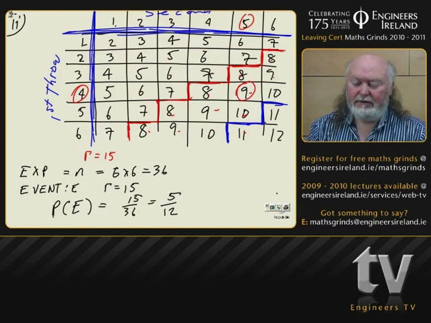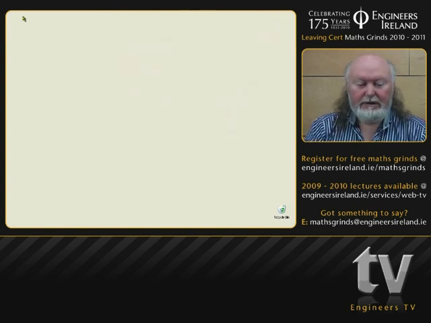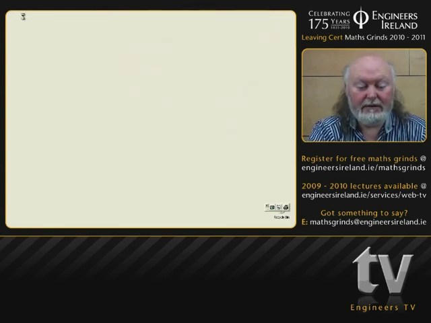There's just 2 last sections to this chapter. Multi-stage probability is the second last one.